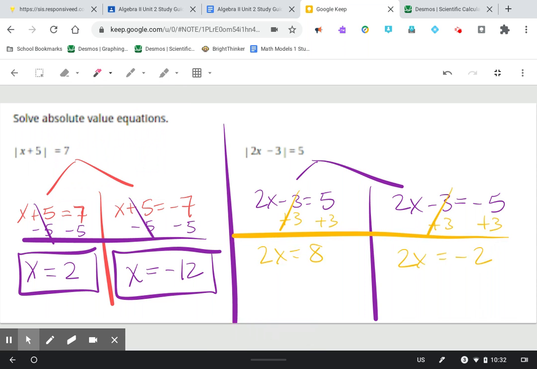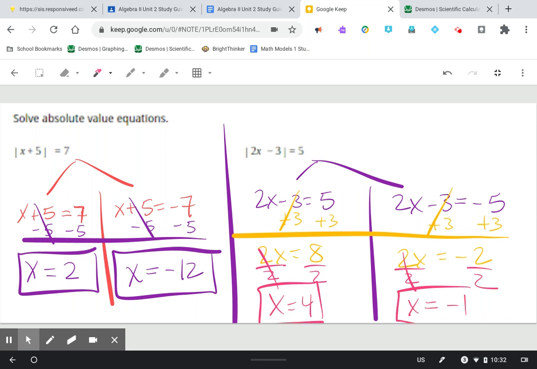Again, the steps are all the same, so I'm going to divide by 2. x equals 4, and x equals negative 1. That's pretty much it. So all you have to remember is that in order to solve an absolute value equation, you have to solve the positive and negative version of that absolute value.